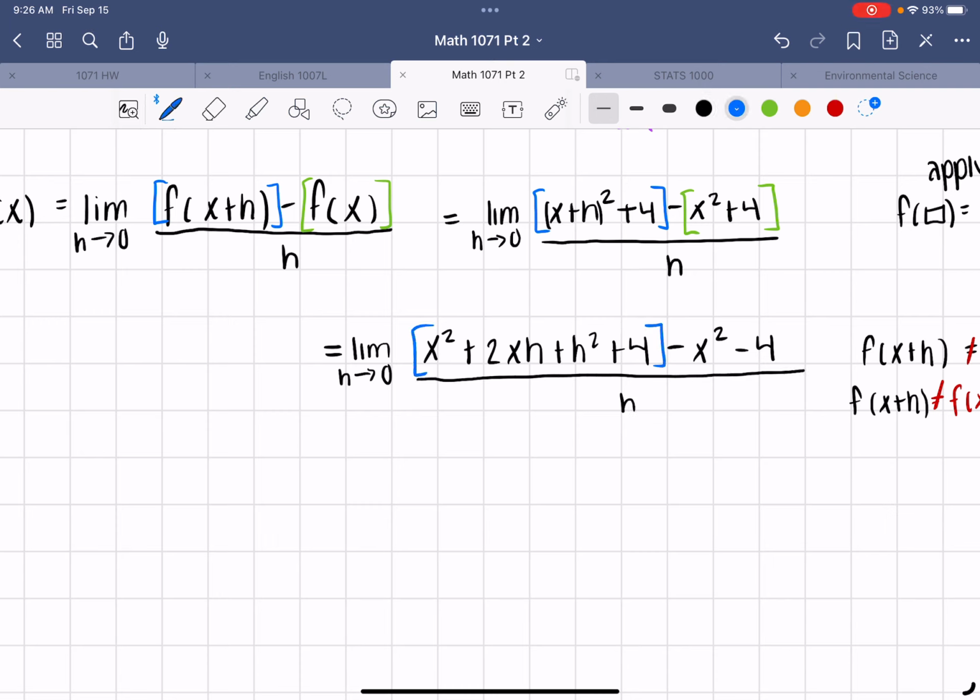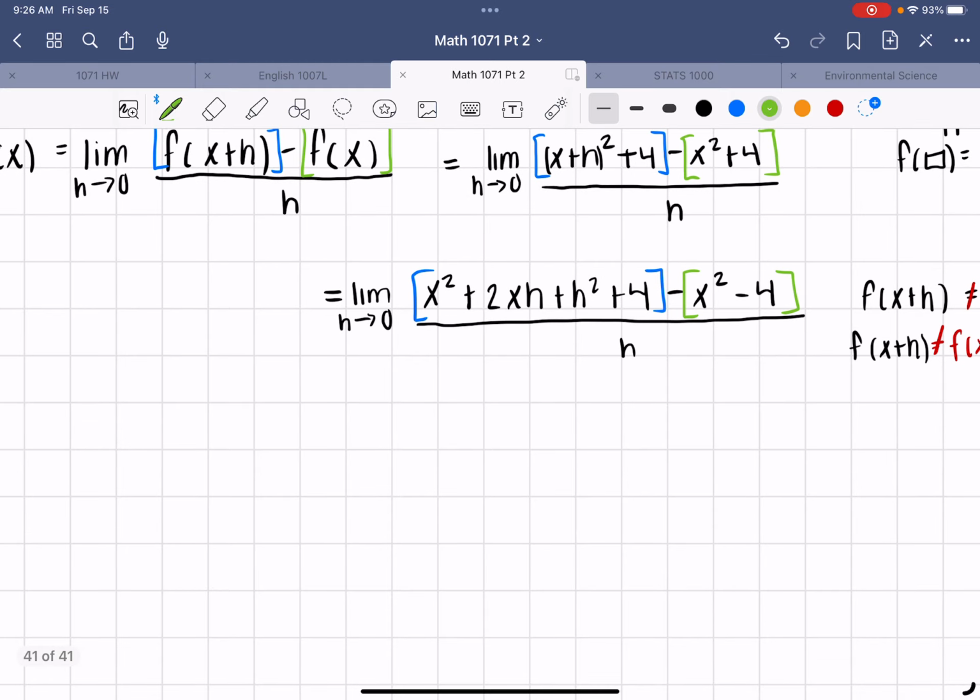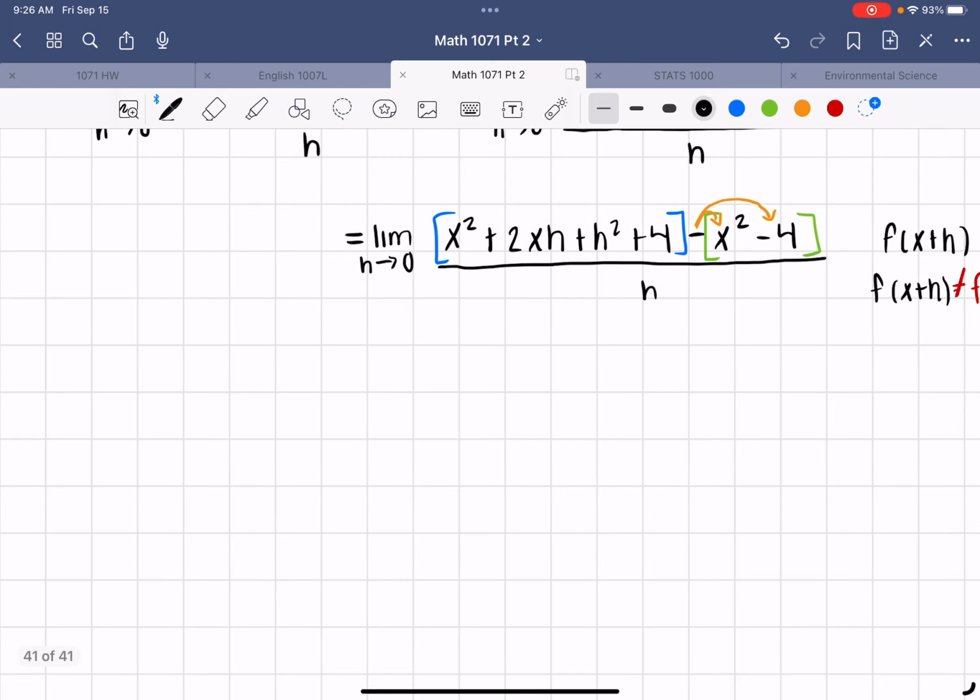You don't have to recopy. You could go ahead and factor, but allow me to recopy for emphasis. So you have only two terms left. They share a common factor. Factor an h out of the numerator. Two terms, share a common factor of h, factor the h out, and now you can do the limit thing.